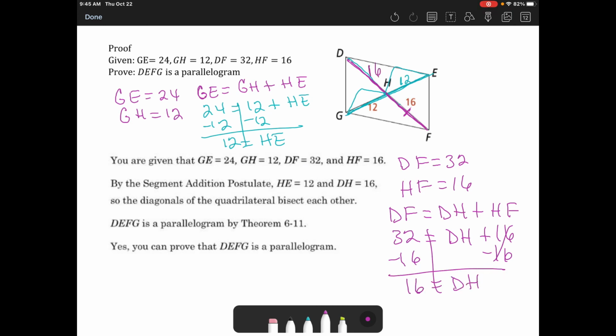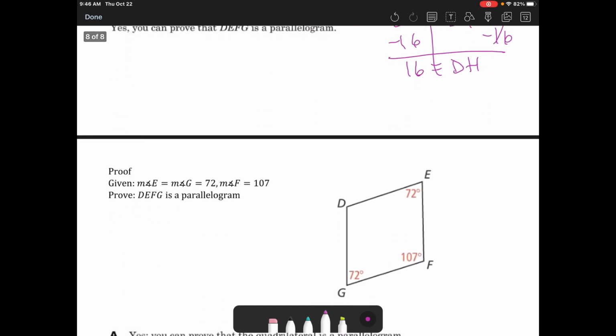So I see here that this one is congruent to this one, and this one is congruent to this one. So we see here that by theorem 6-11, the diagonals bisect each other. Therefore, you can prove that the quadrilateral is a parallelogram. Okay?